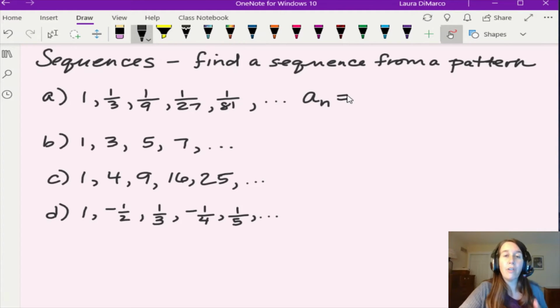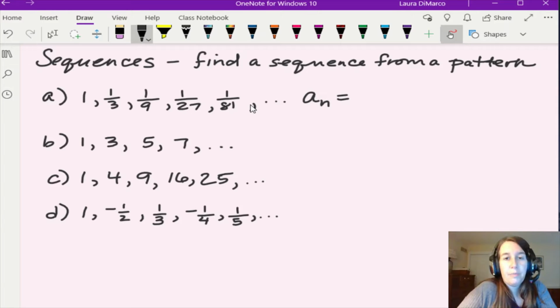We're looking for a formula for the nth term just based on n, and we're not going to write a recursive formula this time. We're not going to base it on the term before. If we did, that might be a little easier because we would just be dividing by 3 each time, right? So that's a little easier way to write it.